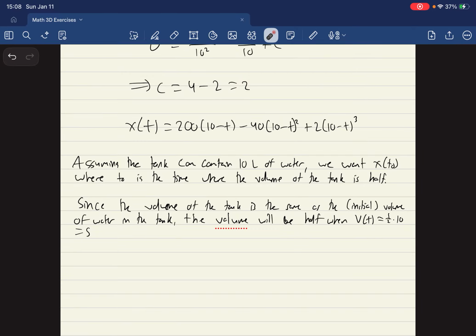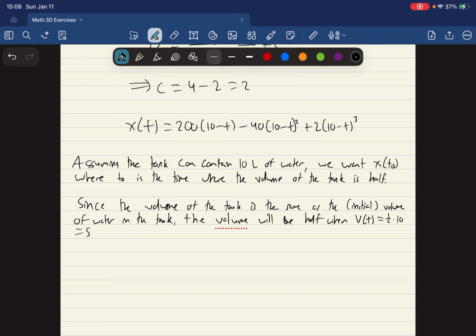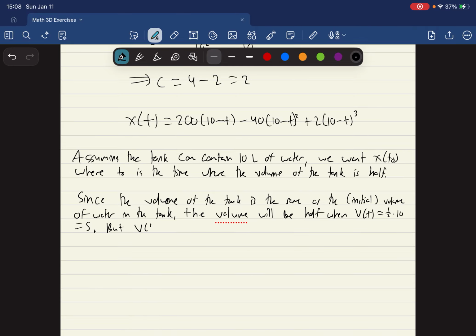Where, again, V of t is the amount of water inside the tank. But we know what this volume is. We know that V of t is 10 minus t. And here I should use t0 for the time when the tank is halved. So t0, if we just solve this equation, 5 equals 10 minus t0, this gives us that t0 is equal to 5.